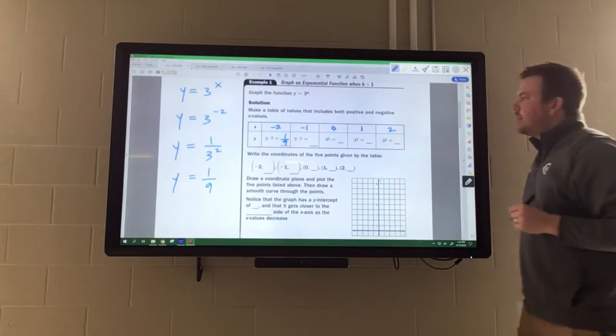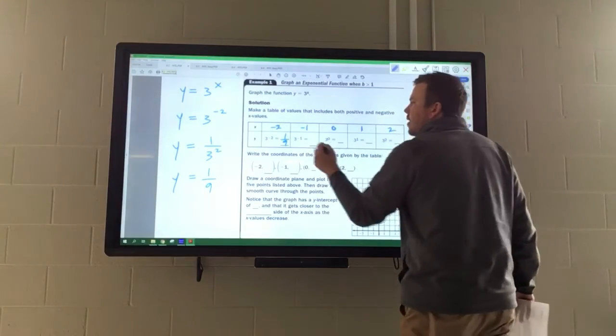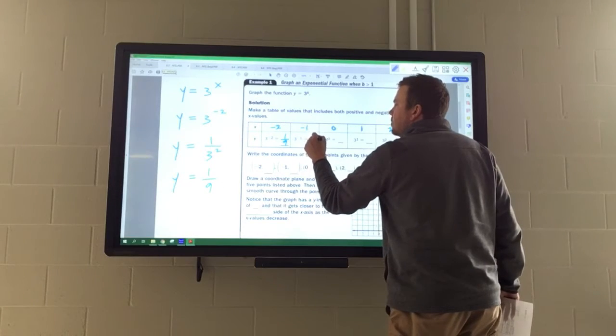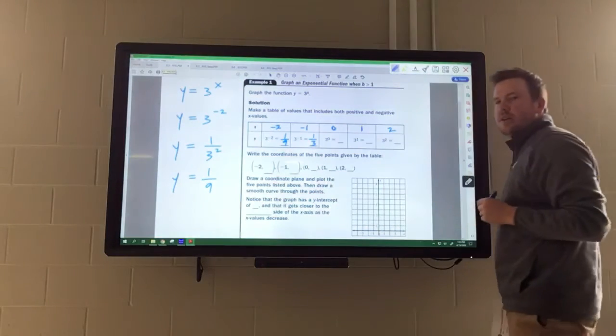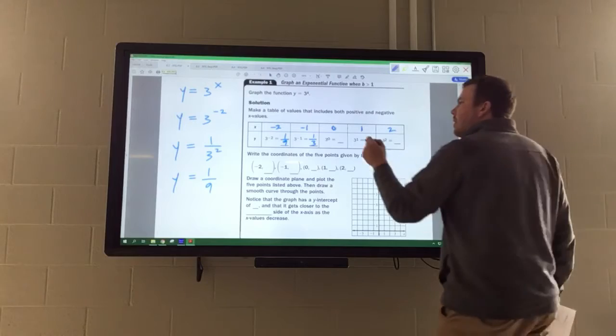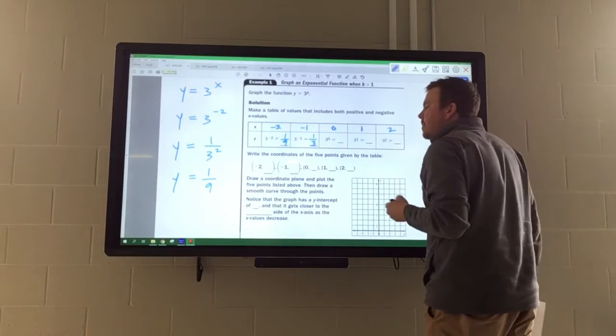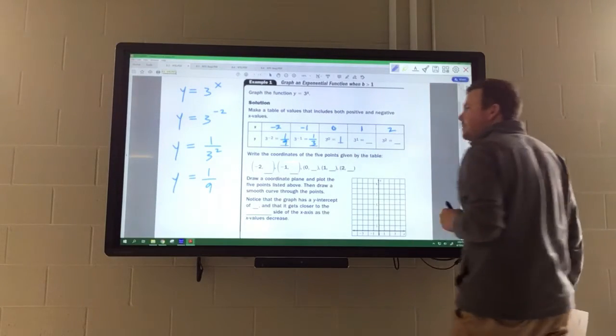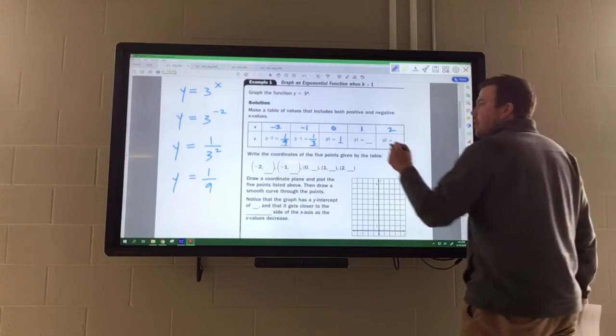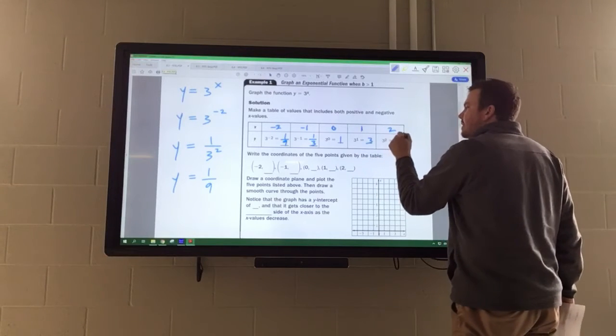Then we do the same thing for the rest of these x values. 3 to the power of negative 1 is 1 over 3 to the power of 1, or 1 over 3. 3 to the power of 0, any number raised to the power of 0 equals 1. 3 to the first power is 3, 3 to the second power is 9.